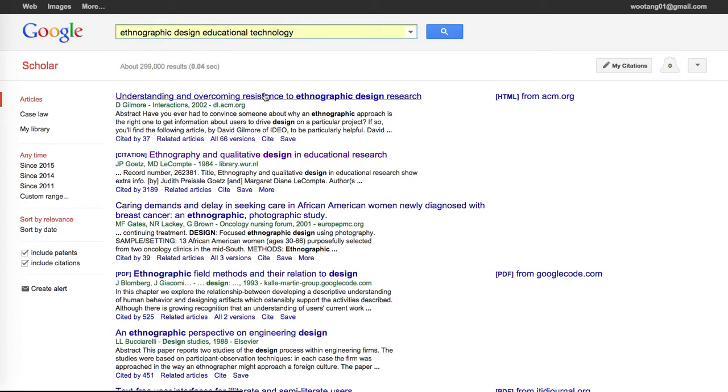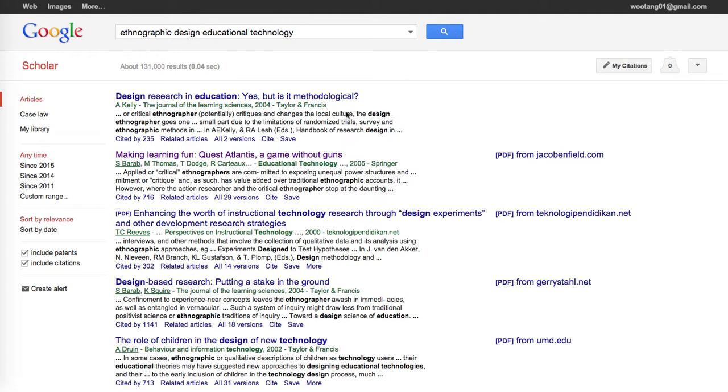What about specific examples from educational technology? Let's type that in. So you may be able to find specific articles, and you can also filter them. What are some more recent articles, perhaps using ethnographic design in educational technology research? So here's one from a popular educational technology journal.